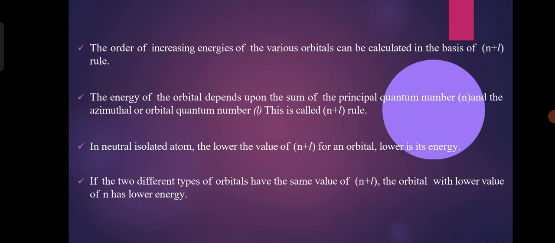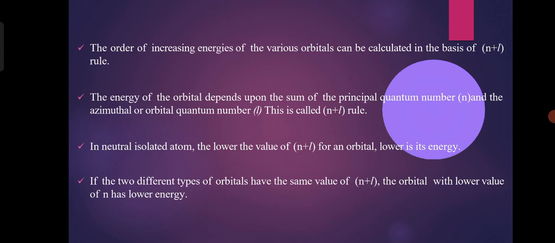For example, when we are discussing 3d and 4s: when we add the n plus l values, for 3d the n value is 3 and for the d orbital the l value is 2.